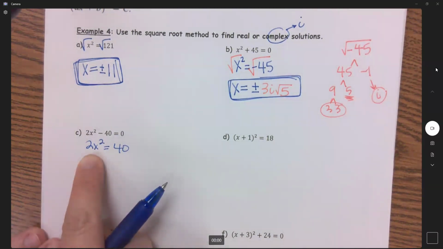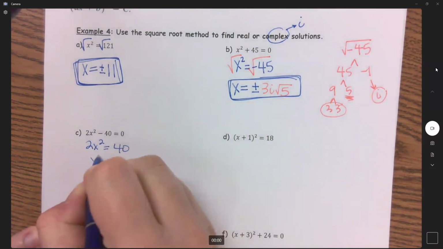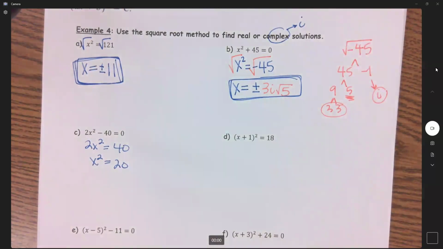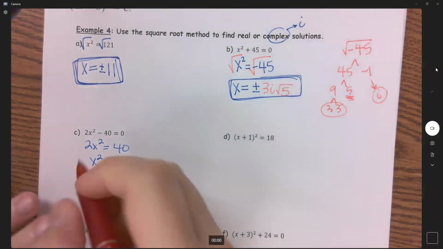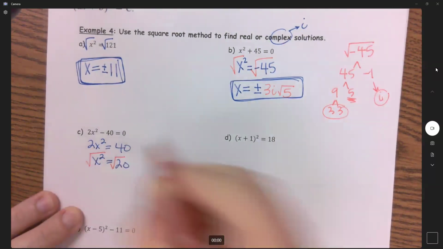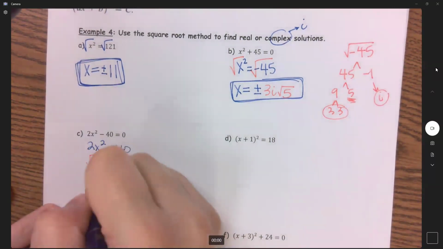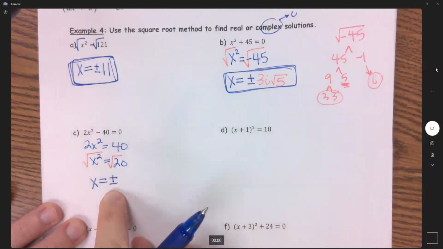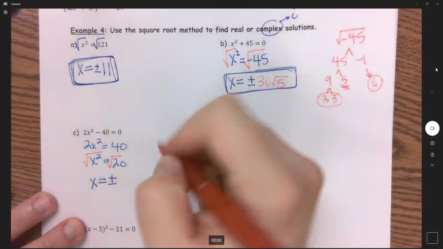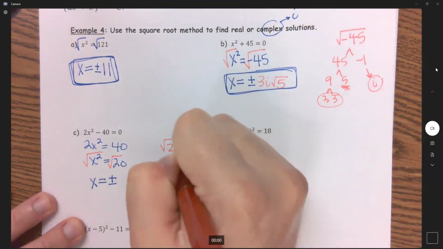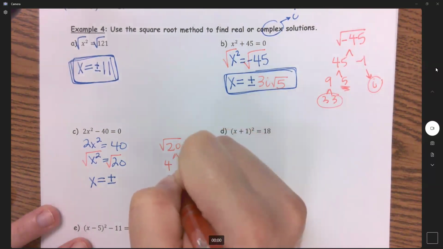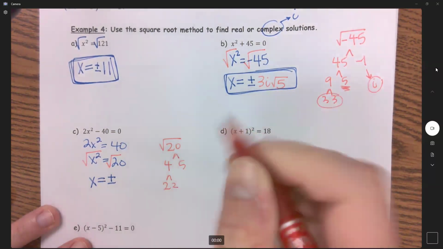Now we need to divide this 2 over. So I've got x squared equals 20. Now I can take the square root of both sides. I'm going to get x equals plus or minus, and then we need to come over here to the side and break down 20. 20 is 4 and 5, which is 2 and 2.